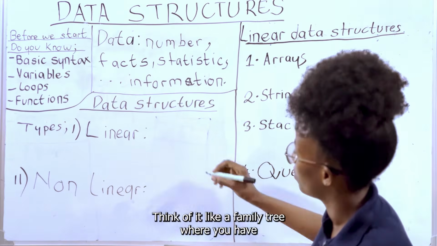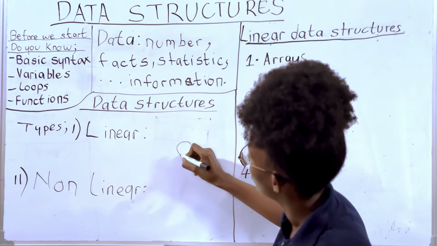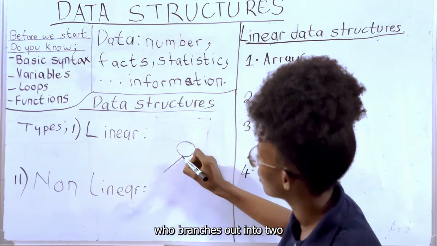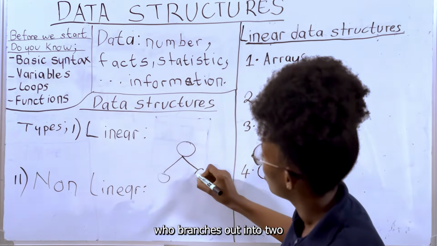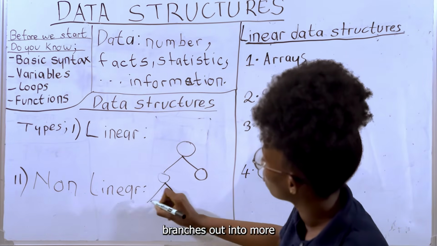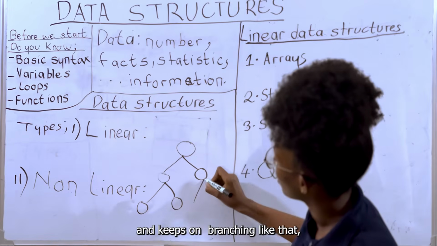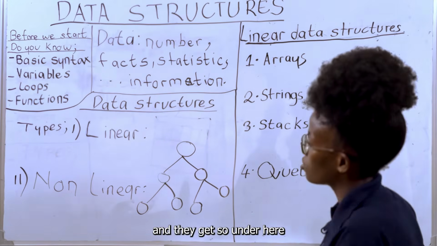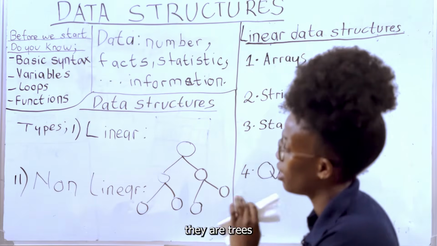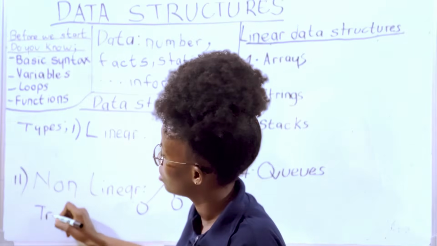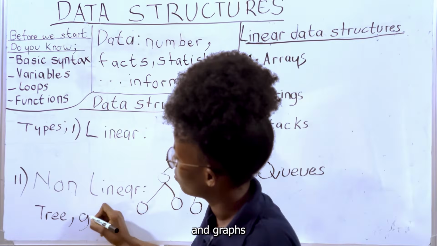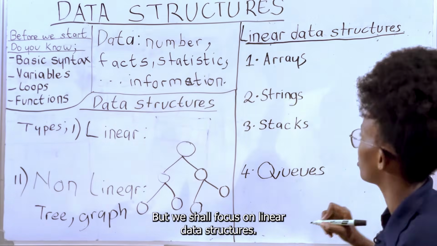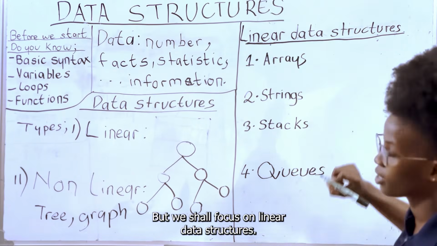Think of it like a family tree where you have one ancestor who branches out into two, branches out into more, and keeps on branching like that and like that. So under here, they are trees and graphs and the sort, but we shall focus on linear data structures.